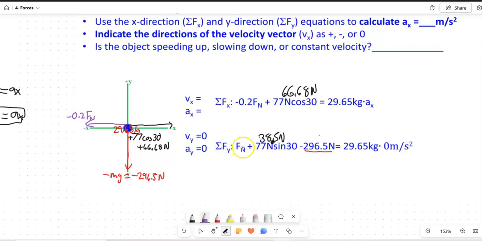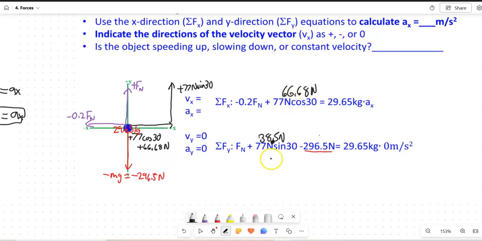It looks like we have another surface force, so I'm going to use the same color as the friction force. Point it up, the positive y direction. And it looks like the other part of whatever force that is going to be pointed upwards, and I'll make it large. That is our upward force, and that is positive 77 newtons sine of 30 degrees.